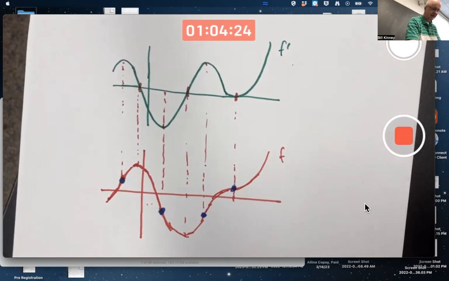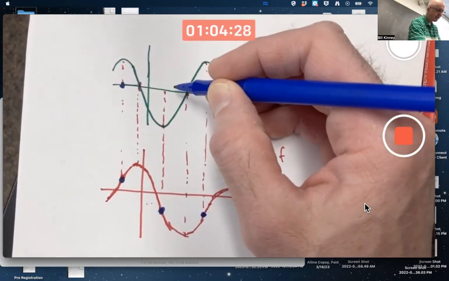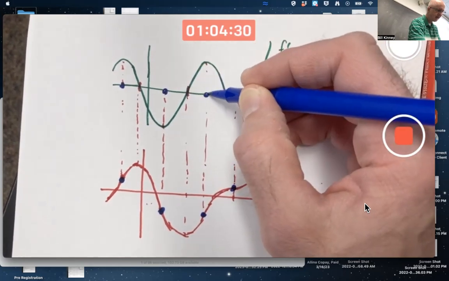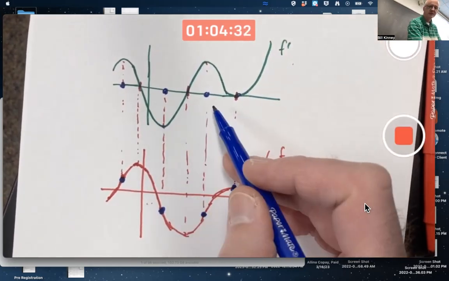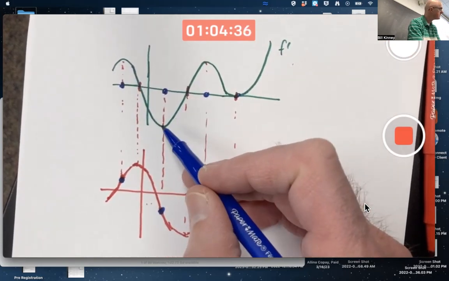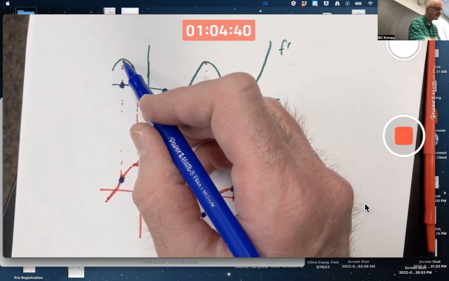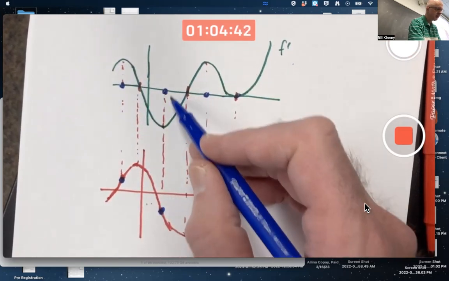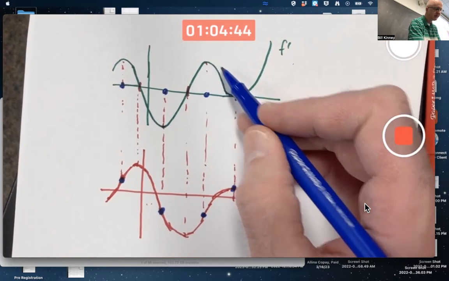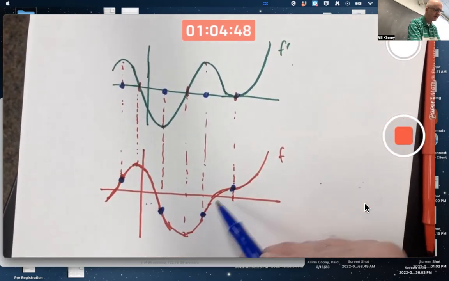Yeah, those same values of x here, here, here, and here are the 4 spots where f prime has a little hilltop or a valley. F prime has a local maximum here, a local minimum here, a local maximum here, and a local minimum here. That corresponds to inflection points on the graph of f.